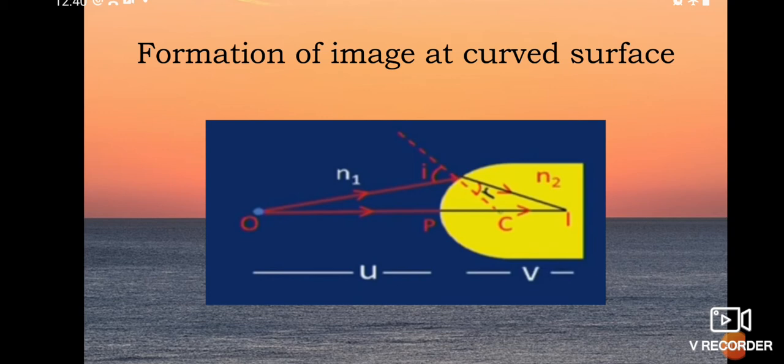The two refractive indices, one for air and another for glass, are n1 and n2. The object distance from P to O is u, and from P to I the image distance is v. Like this we can draw the ray diagrams to get the image at curved surfaces. Okay, students.